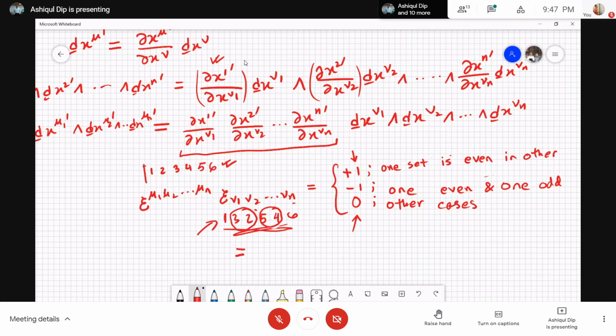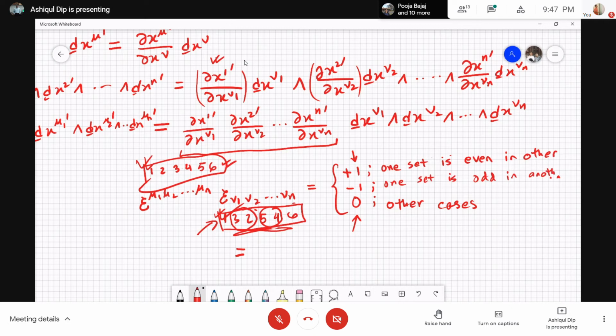You can make this set by switching an even number of times in this set, and if you can make this set by an odd number of switchings in this set, then it's -1. So one set is odd in the other. And any other cases, they will give you 0.